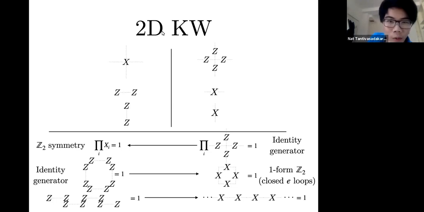Now, the formula for doing this Kramers-Wannier duality is pretty simple. For each Ising term ZZ, where the Ising terms are defined on each link, I map it to a transverse field X living on that link.